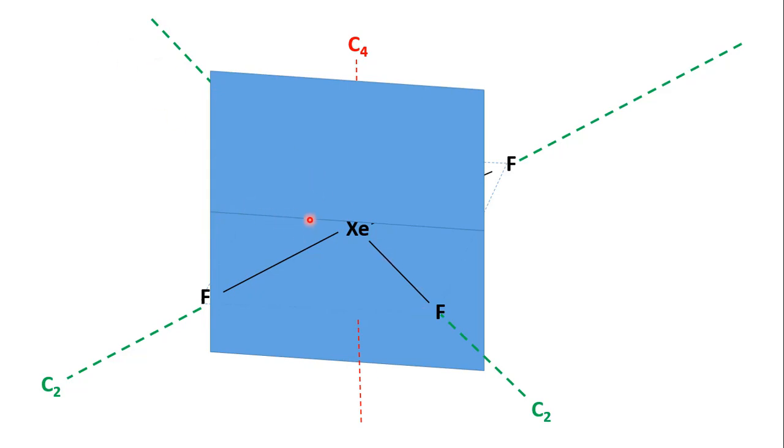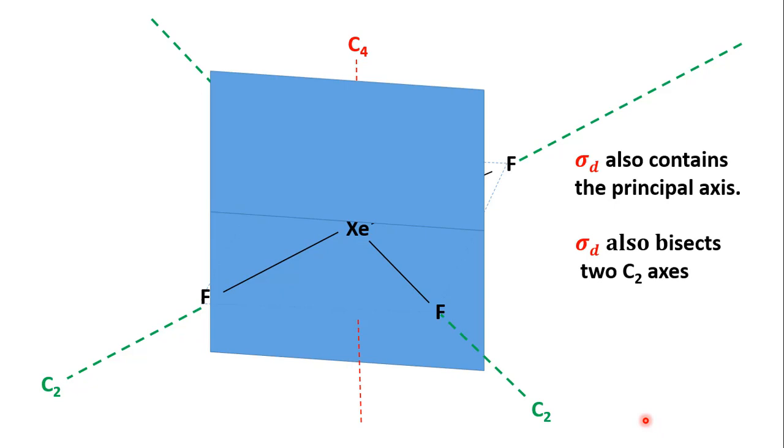This plane bisects these two C2 axes, but this plane passes through only one xenon atom. And so, to summarize, this is known as a dihedral plane of symmetry, sigma d. It also contains the principal axis C4. It also bisects these two C2 axes, one in front of the plane, another behind the plane.